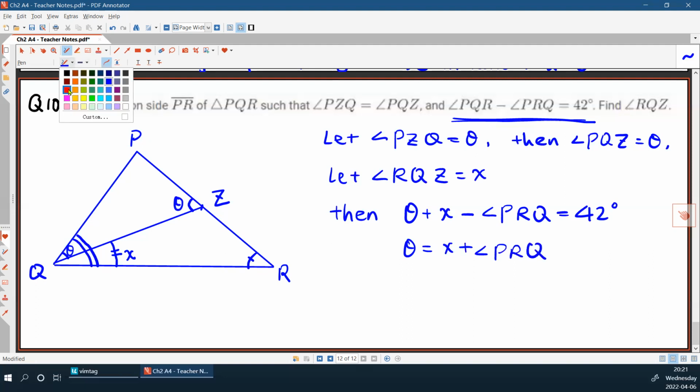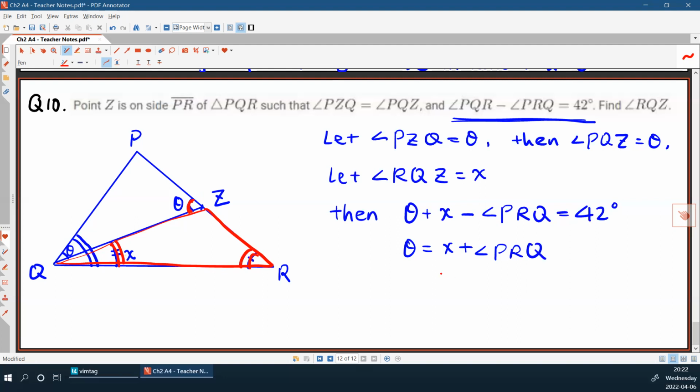Because if you consider this triangle here, theta is actually an external angle, right? An external angle should equal the sum of the two remote angles. Therefore, theta should equal X plus angle PRQ. Can you follow me?